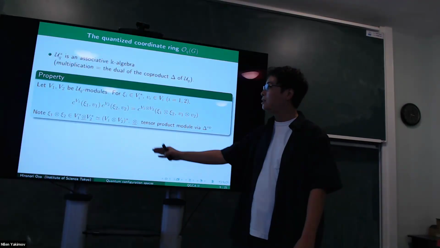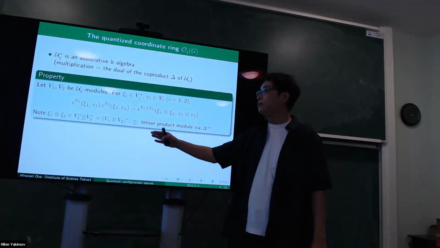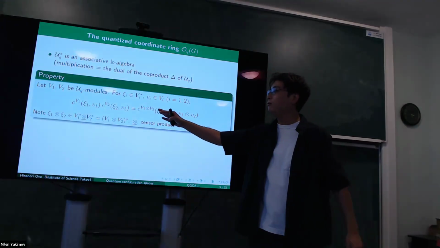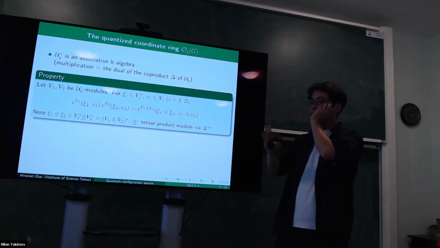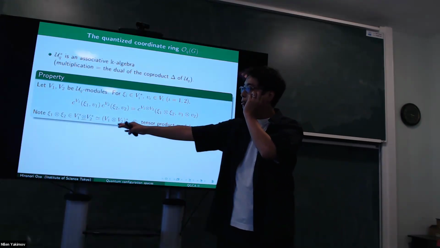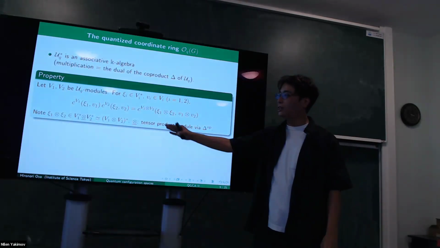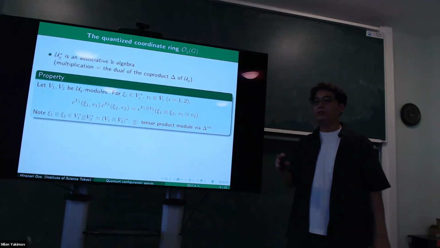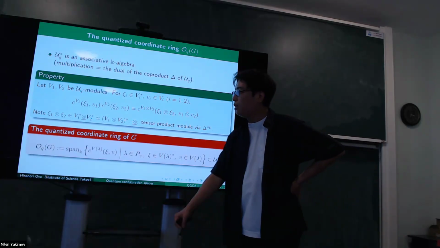To make it a UQ module isomorphism, we need to consider the UQ module structure defined from the opposite coproduct. In this case we write this tensor product as tensor bar, meaning the tensor product module defined from the opposite coproduct.